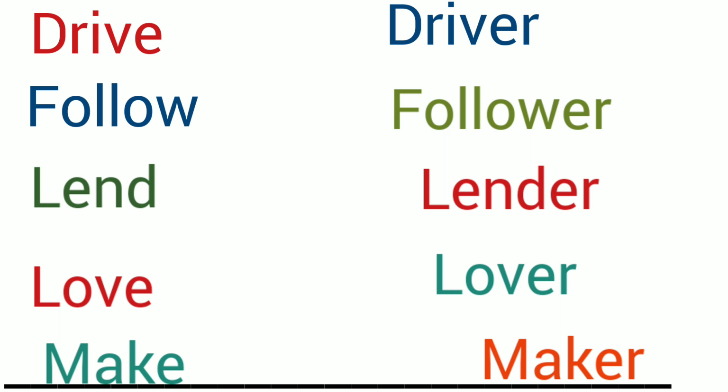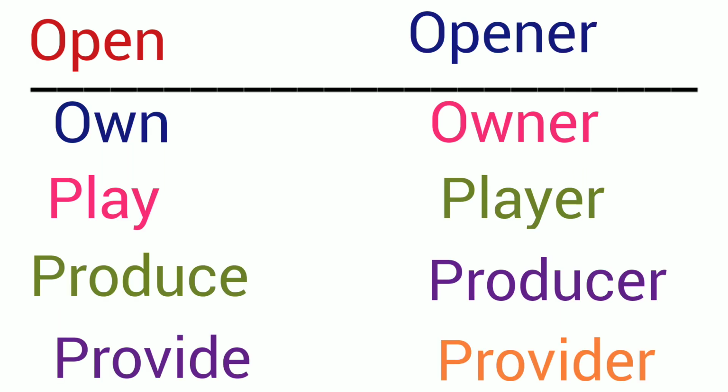So remember, we are working on adding ER to a verb to make it a noun, or removing ER or R alone depending on the word to make it a verb. Let's see the next section. And we have opener is to open. An opener does opening job.